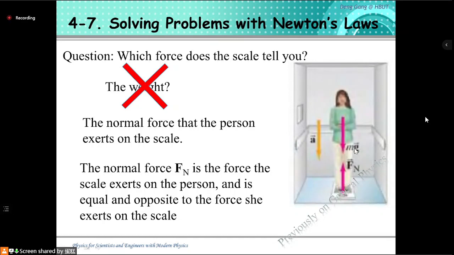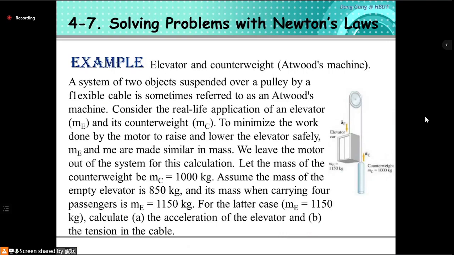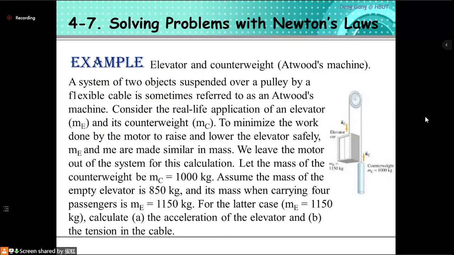Usually it's not equal to the weight, unless you are on the ground with no acceleration. If you are moving downward with acceleration g, the reading of the scale should be 0. That is called weightlessness. So this is about a scale.